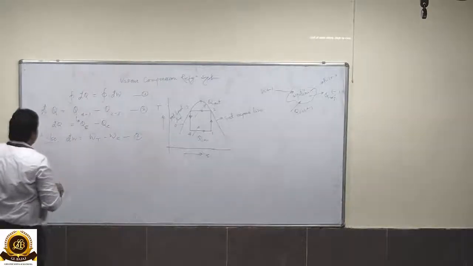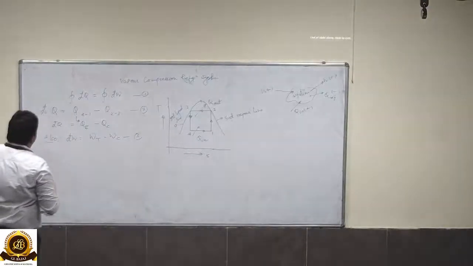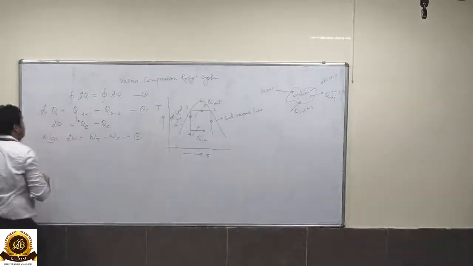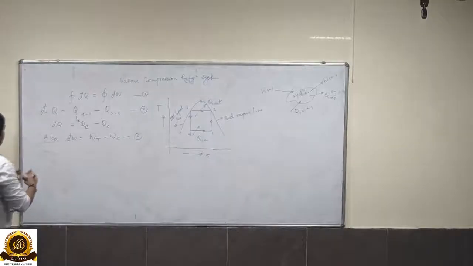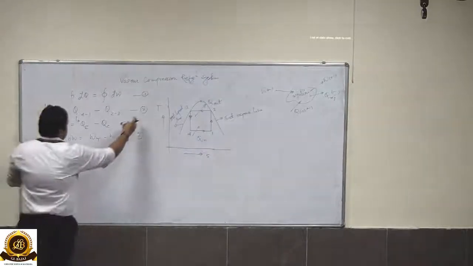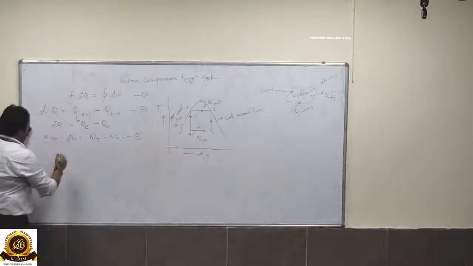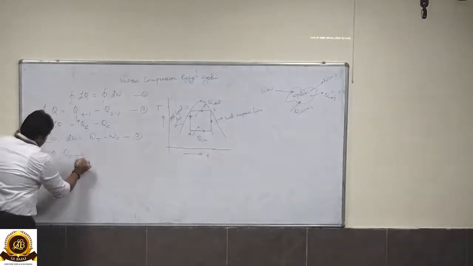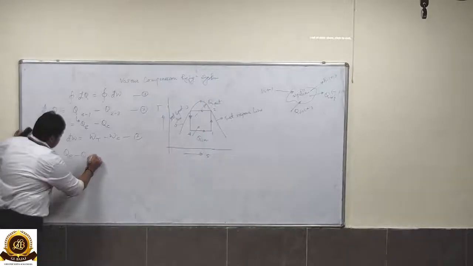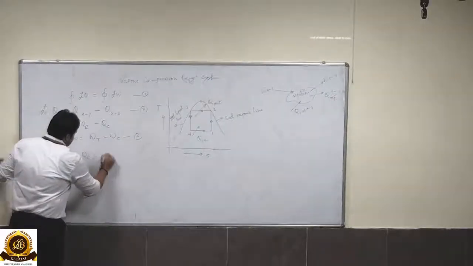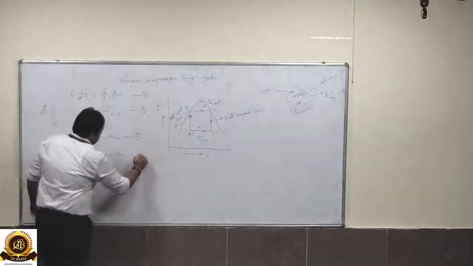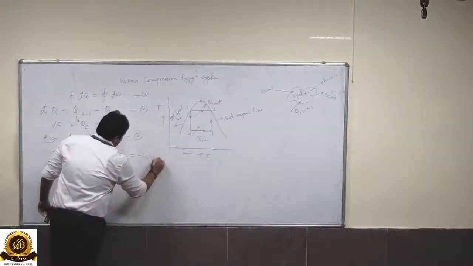Now we know from equation number one that the cyclic integral of del q is equal to the cyclic integral of del w. So when we equate equation number 2 and equation number 3, we get QE minus QC is equal to WT minus WC, that is negative of W net.